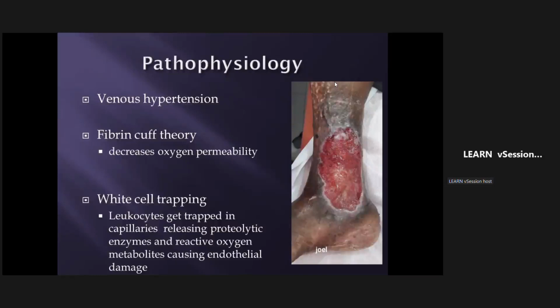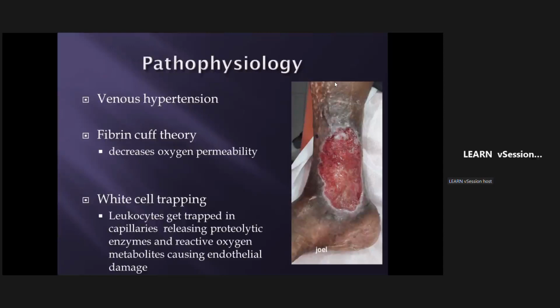The third thing is that due to sluggish flow in the capillaries, the white cells get trapped. And when the white cells are trapped, they are dangerous. They get activated. The job of the white cell usually is to destroy bacteria and other foreign things.